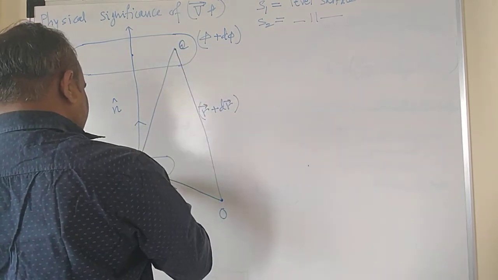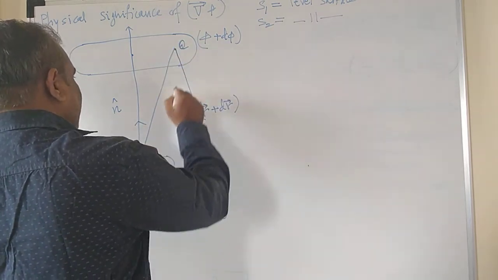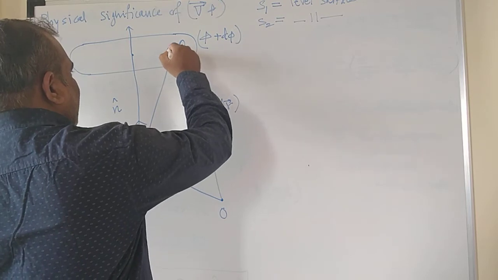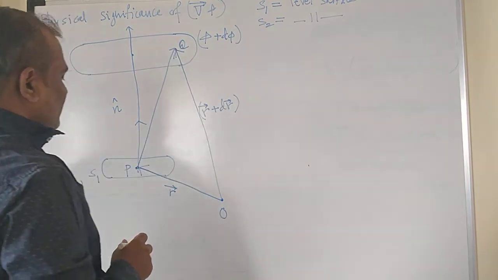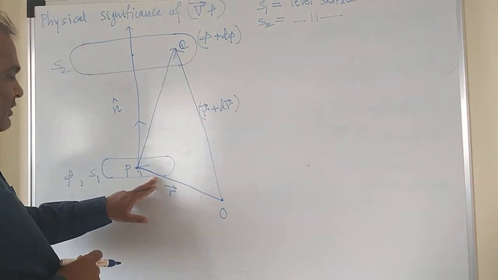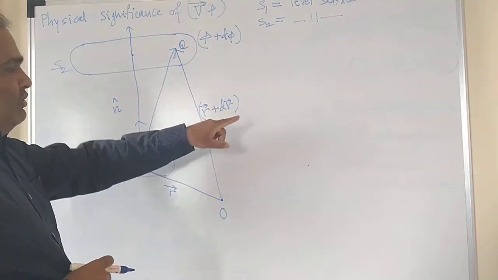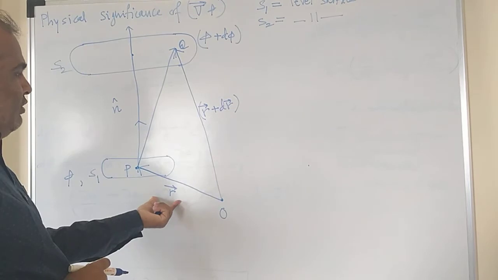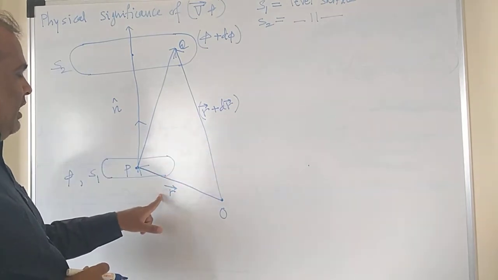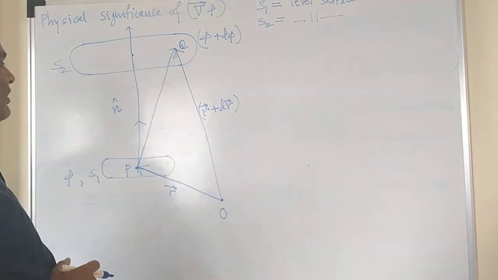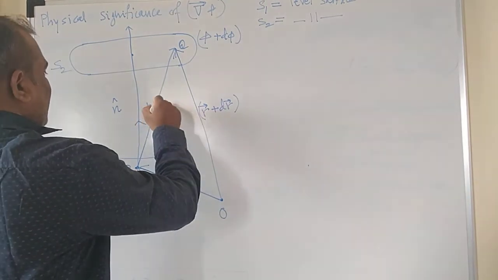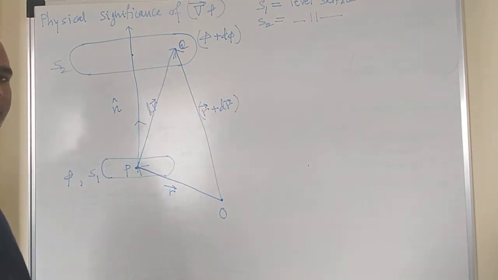Right? So this is one vector, this is another vector, and this is a third vector. So you can't do this minus this, because this is having higher value, this is a lower value. So this minus this will be this. So this will be a dr bar. Got it? So this is just a simple one.